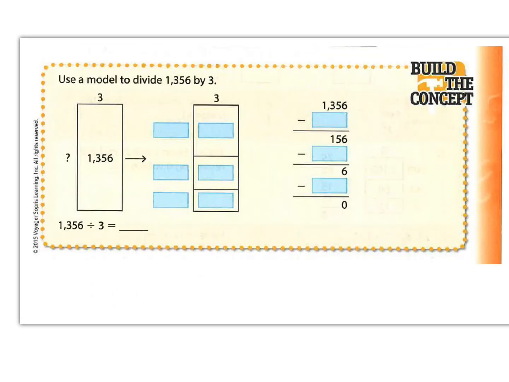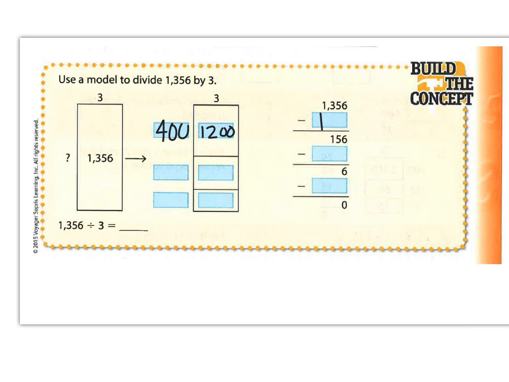So we're going to use a model to divide 1,356 by 3. So here we have 3 right here. And we want to get the biggest number we can that 3 goes into so that we can subtract it right here. Well, if we think about it, we can do 400 because 3 times 4 is 12 and then put the 2 zeros.